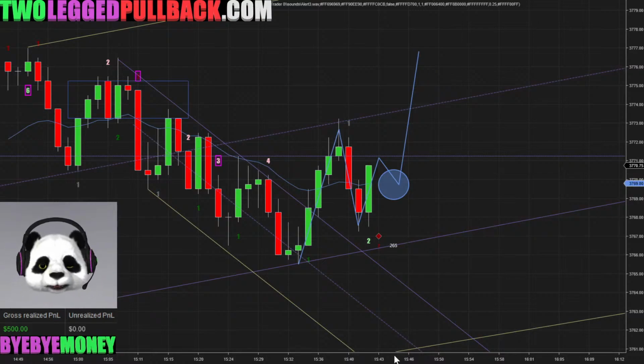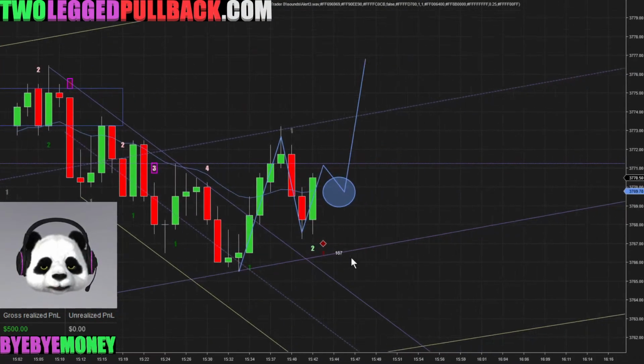We have a potential two-legged pullback. It needs one more pullback down. Let's see if the market will give it to us. Tick charts make these pictures all weird.